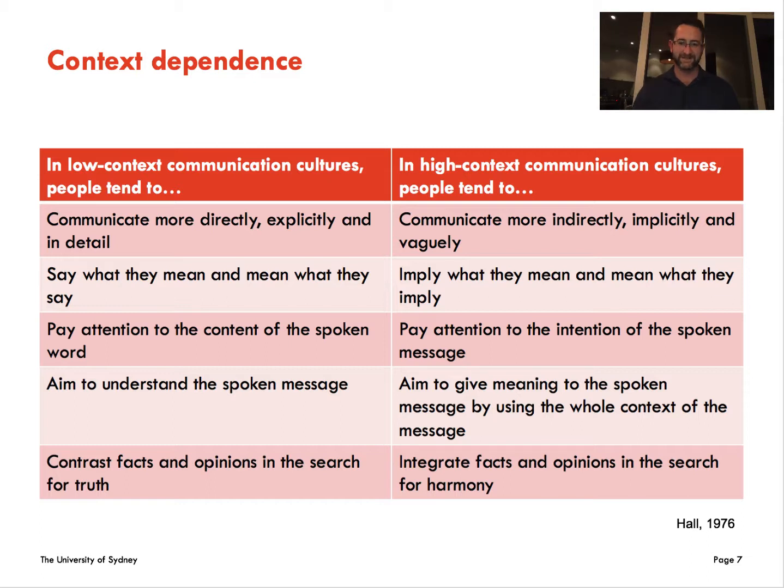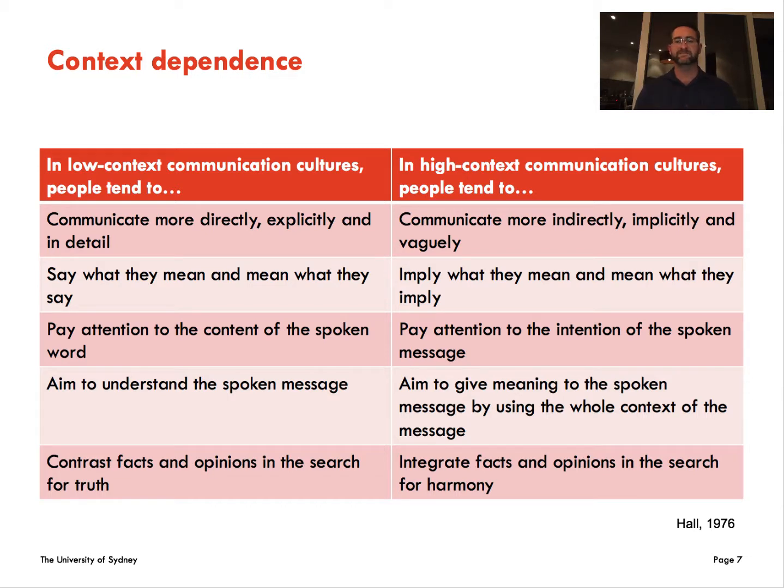In comparison, there are high context communication cultures. Here the message is less direct. The message tends to be implicit. You've got to listen in a very different way, and the meaning tends to be implied. Here, what you've got to pay attention to is not the words themselves, but the intention of the spoken message, which is really something quite different.